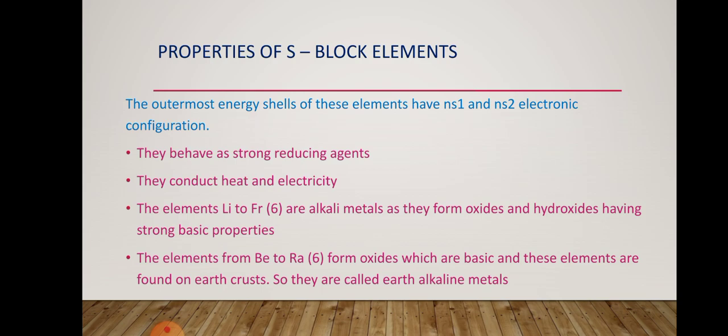The alkali metals lose the only electron from the outermost energy level very easily to become positively charged cations. That means alkali metals, group 1 elements except hydrogen, easily become positively charged cations by losing the only outermost electron.